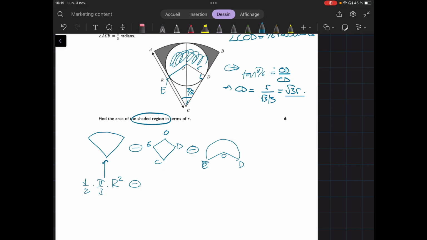The area of triangle ODC is therefore a half times OD times CD, and therefore the area of the entire kite is going to be 2 times a half times OD times CD.